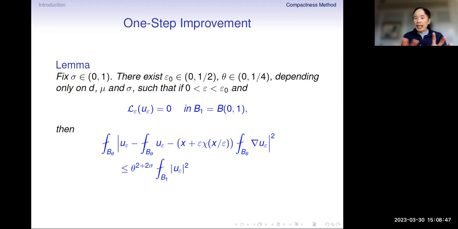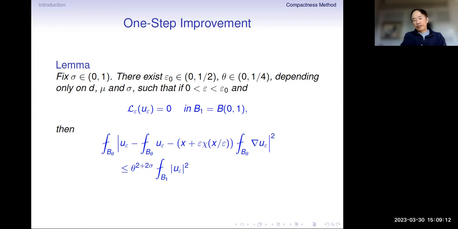In a classical setting, you do not see the corrector. What you try to measure here is the regularity. How do you measure regularity? One thing that we do in PDE is measure the regularity by measuring the distance between the function and a linear function.